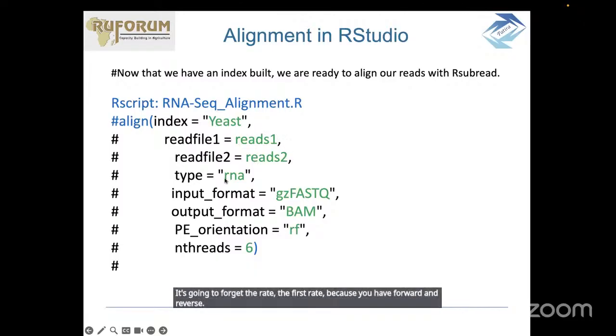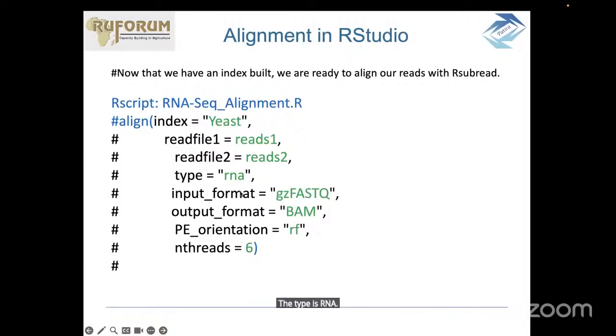The type is RNA, and the file format is zip file. And then the output can either be SAM or BAM. BAM is basically a binary form of SAM, sequence alignment file. And the orientation is reverse and forward, and don't worry about the threading.